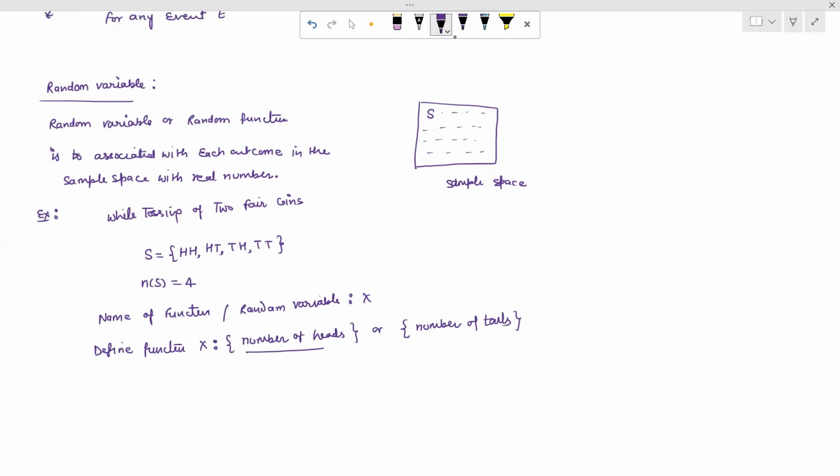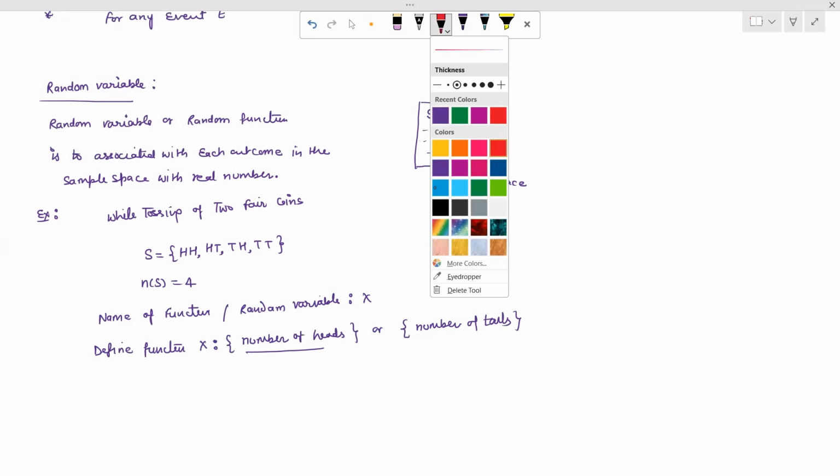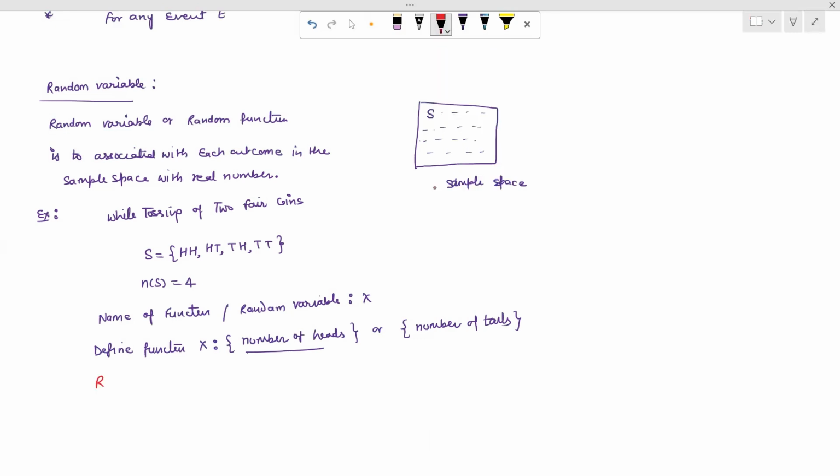So the random variable will always have a real number.